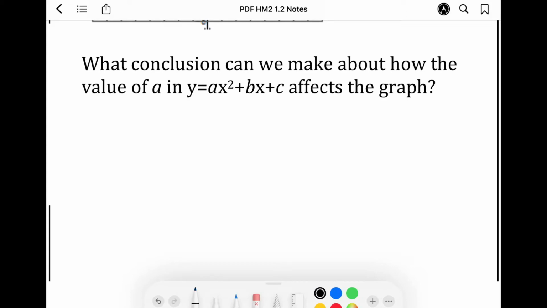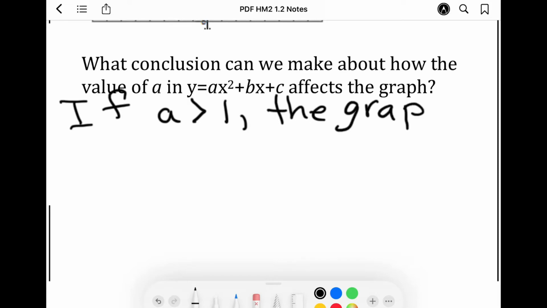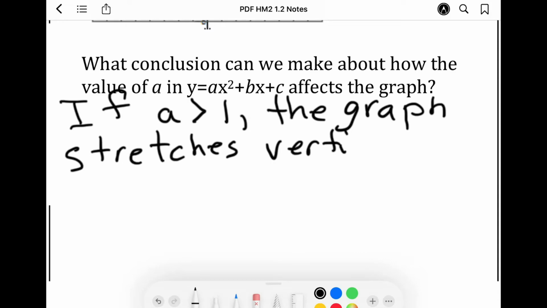So in your notes, you need to write: if a is greater than 1, the graph stretches vertically.